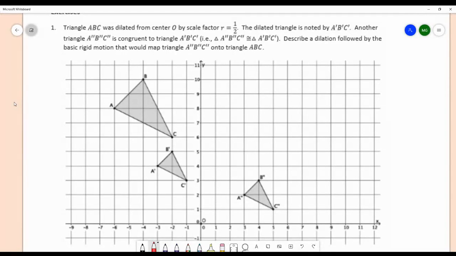Another triangle, A prime prime, B prime prime, C prime prime, is congruent to triangle A prime, B prime, C prime. Describe a dilation followed by a basic rigid motion that would map triangle A prime prime, B prime prime, C prime prime back onto ABC.